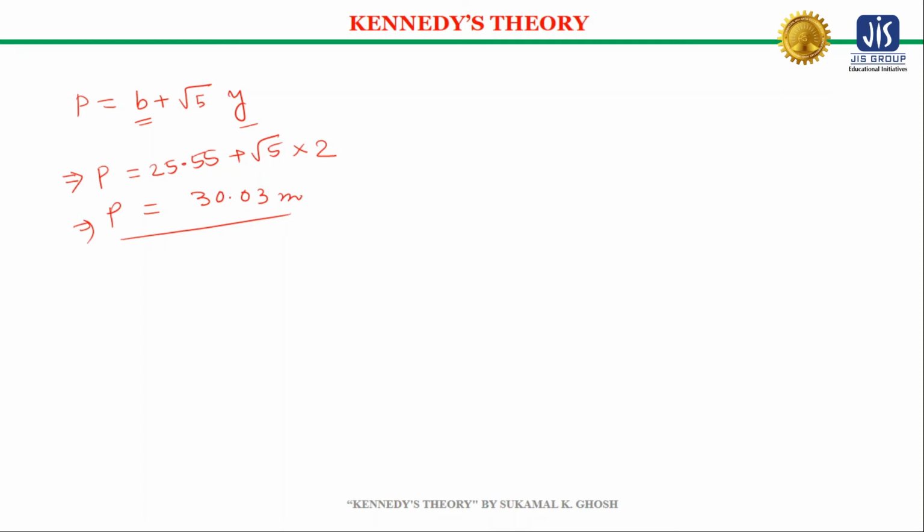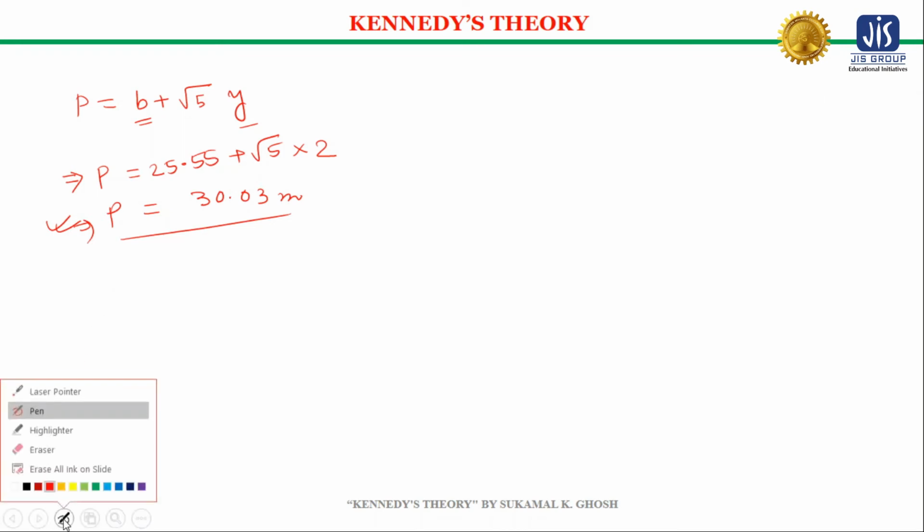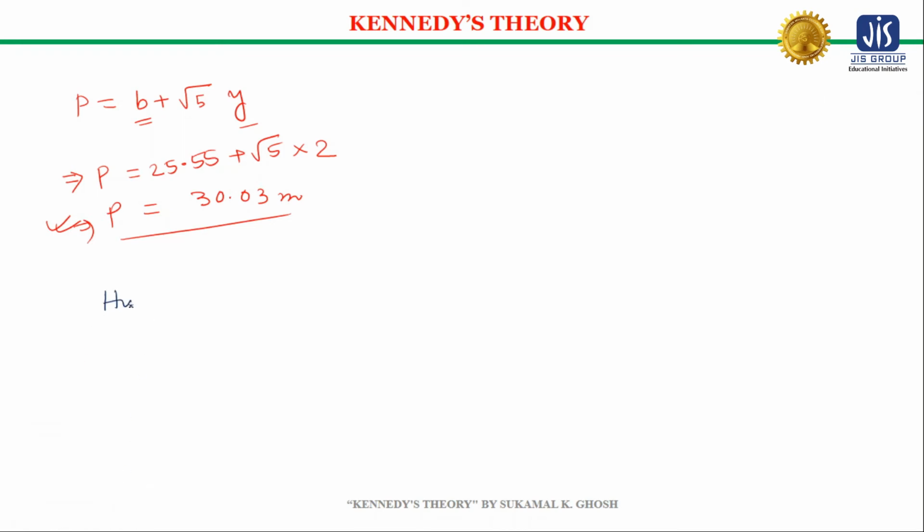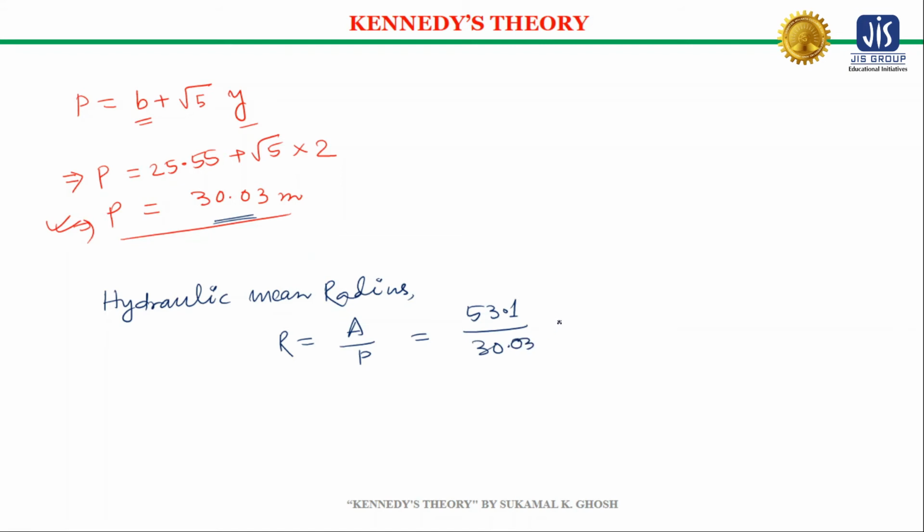Now using the value of wetted perimeter P, we can calculate the hydraulic mean radius. So our hydraulic mean radius R is equal to A by P, and our A was 53.1, and P we have calculated just now, 30.03. If you solve it, you will have 1.77 meter.